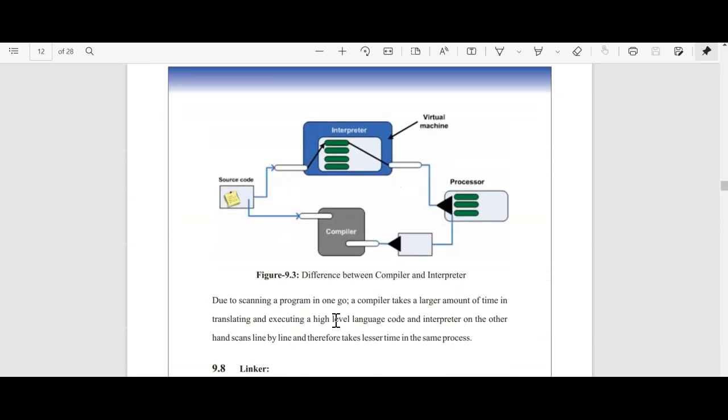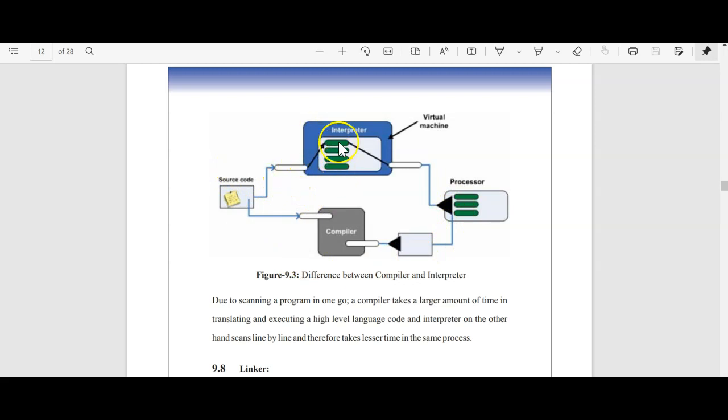In case you are seeing, source code is a program which you write in any language, in any high level language or a low level language. In this scenario, you're writing a program in a high level language, for example C++, Java, PHP, or whatever. What the compiler is doing, he is an expert translator. He is taking your input as a whole, converting that whole program into whatever is required, and giving it to the further processing.